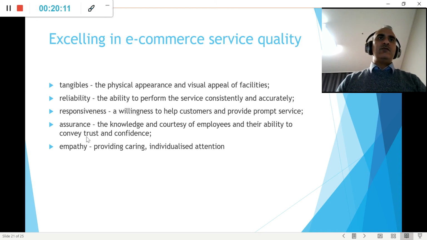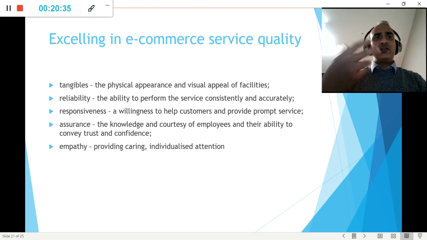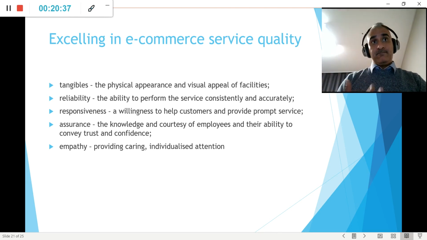Call it the tangibles, reliability, responsiveness, assurance, and empathy, which is pretty much a framework that I think is Parasuraman, if I'm not wrong, which just brings us to understand that if we have a good website, if they can trust us, if they can see, if they can touch the product, if we can offer refunds, then of course the experience is going to be good. I can feel it, I can touch it, I can taste it, I can try it, I can refund it. If those elements are in there, most likely the relationship is going to be effective.